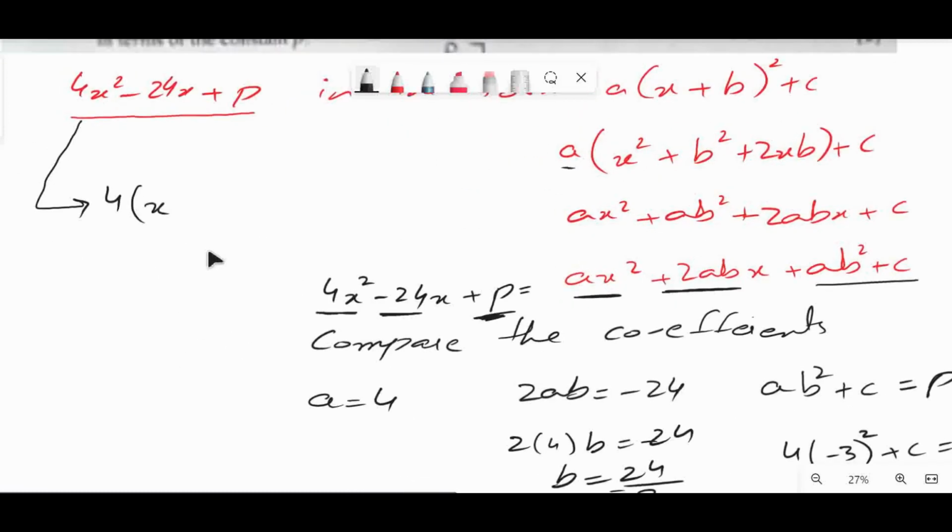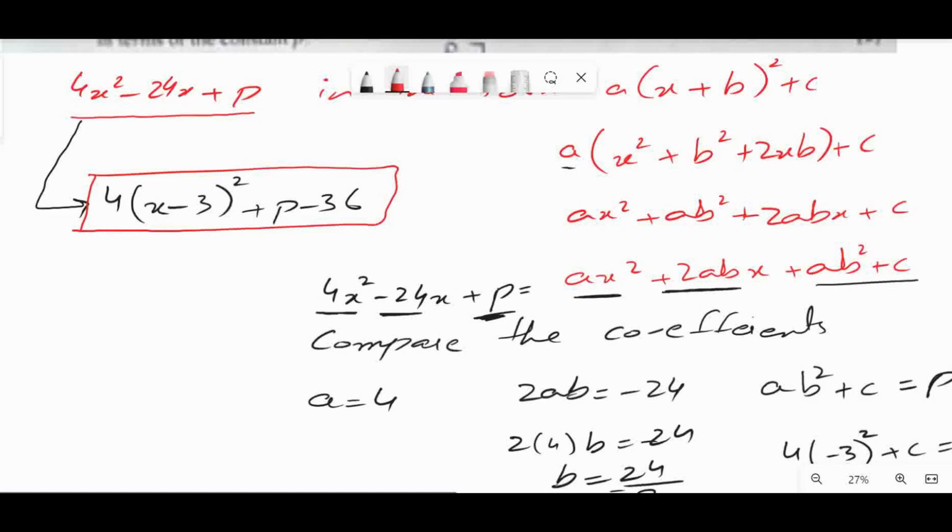So we can write it as 4 into x minus 3 whole square plus p minus 36. So we can say that this will be the final answer. We have expressed it in this form. I hope that the concept is clear.